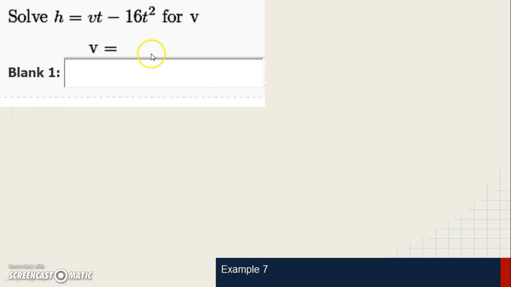Here we're solving for v. What is happening to v? Well, here's v, and it's being multiplied by t and subtracted. 16t squared is being subtracted from it. So we're going to go ahead and do our SAD map. We will add 16t squared to both sides.